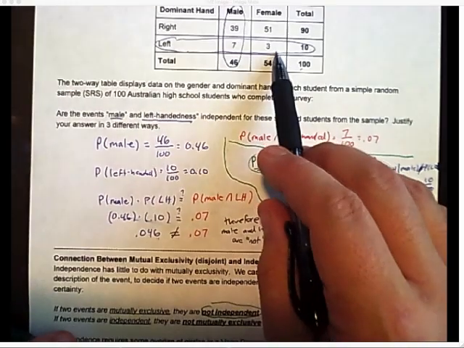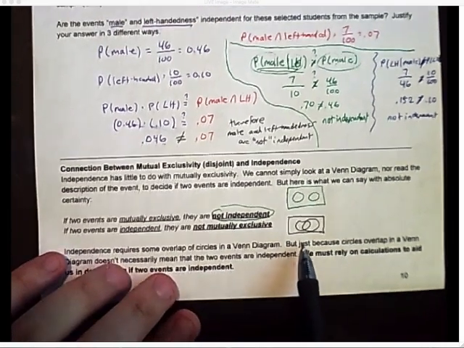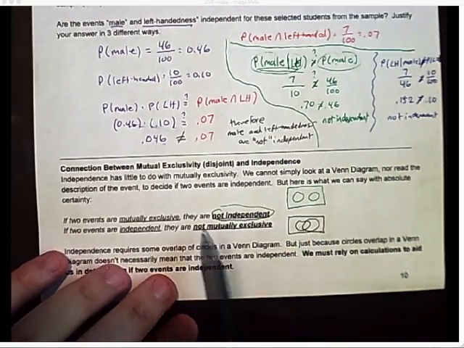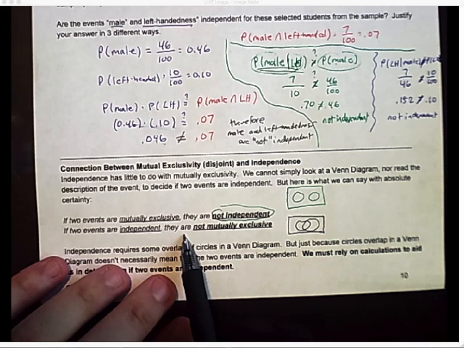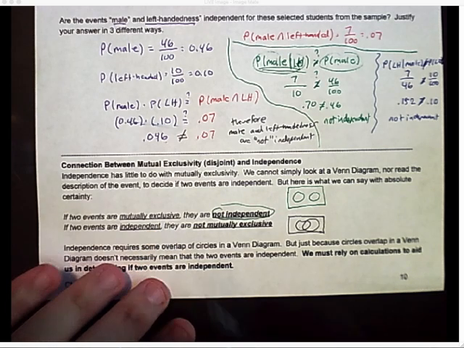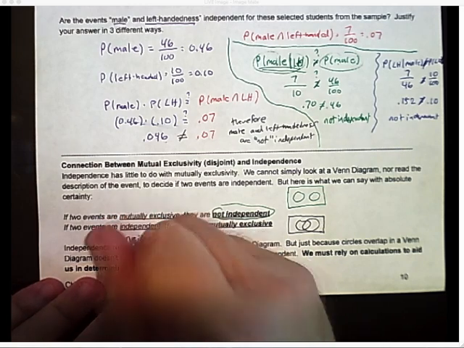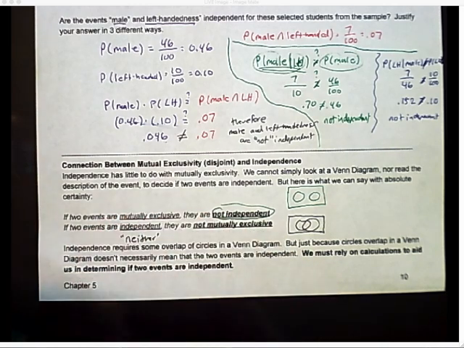Like here, if we did a Venn diagram for this one, there would be overlap. So it's not guaranteed that they're going to be independent. Okay, I just know they can't be both. Right? 2 events cannot at the same time be mutually exclusive and independent. Okay, they're either one or the other, but most times they're actually neither. Okay? Most times they're neither.